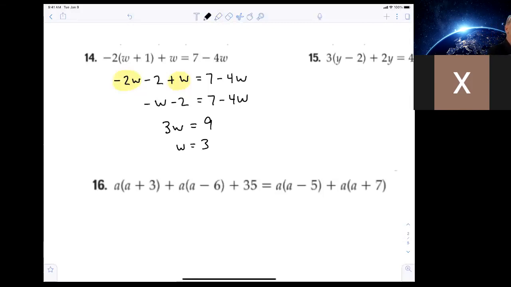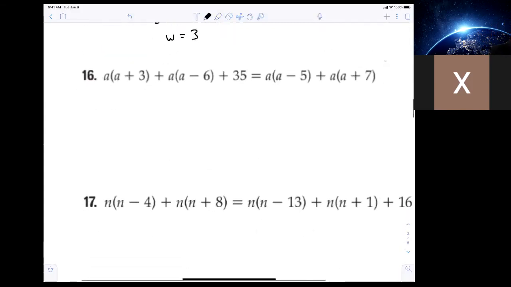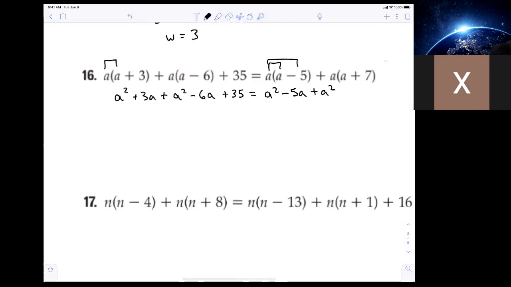All right. Number 16, here we go. A times A is A squared. A times 3, 3a. A times A again, A times -6, negative 6a, plus 35 equals, again, A times A, a squared, A times 7, plus 7a.